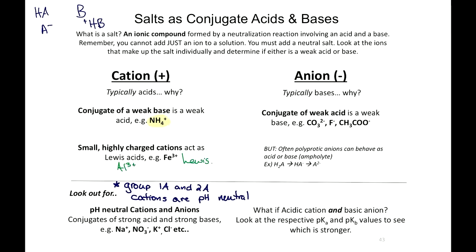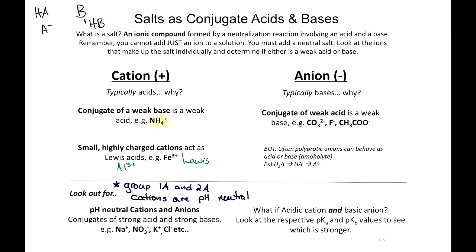What you also might see in the cation slot is common group 1 or 2 metals, like sodium plus, calcium 2 plus, potassium plus. Those cations are not charge neutral, but they are pH neutral salts. The reason is that these group 1A and 2A metals are actually conjugates of strong bases. If something's really strong, its conjugate is really weak, so it's pH neutral.